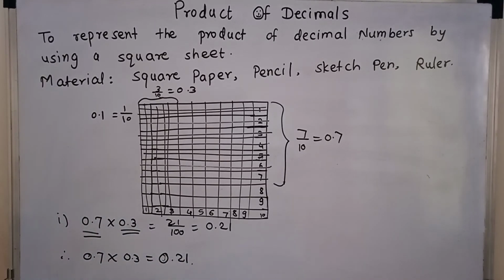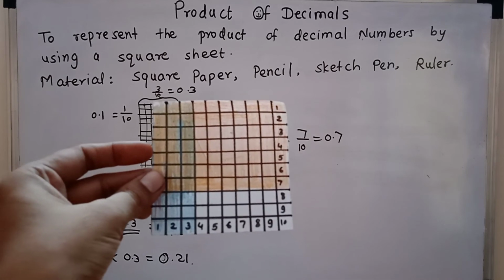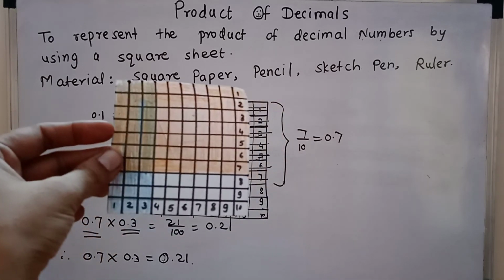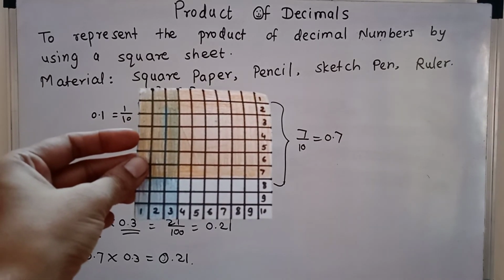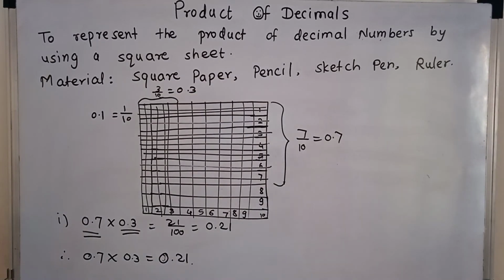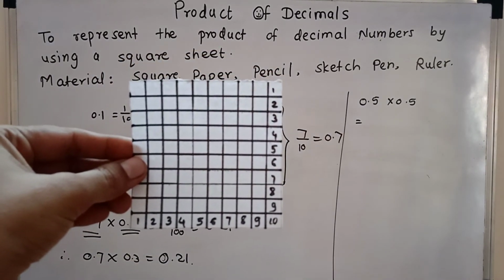Therefore this will be 21 parts out of the total 100 squares, so 21 divided by 100, that is 0.21. Hence 0.7 into 0.3 is equal to 0.21.